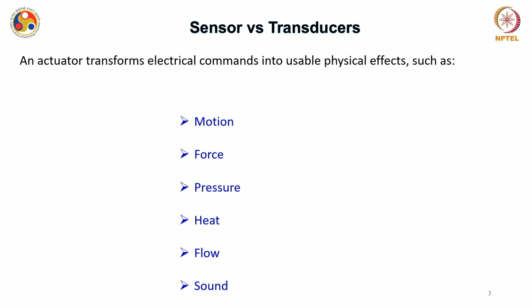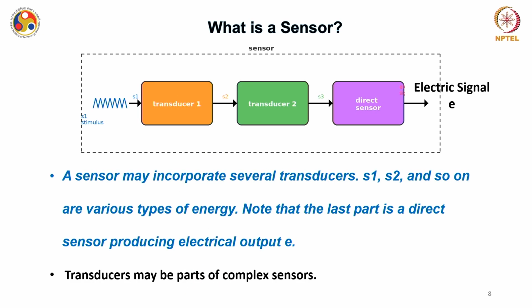An actuator transforms electrical commands into a useful physical effect, and the useful physical effect is not limited only to motion. Okay, it can be related to other physical effects like force, pressure, heat, flow, sound, etc. All right, but this is a generic definition of an actuator.